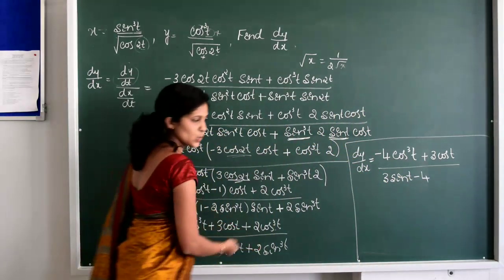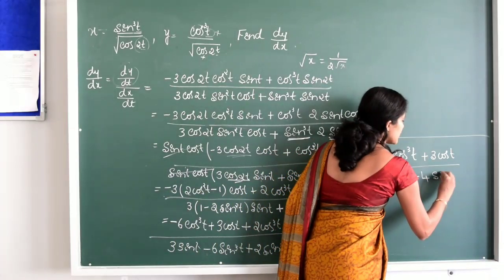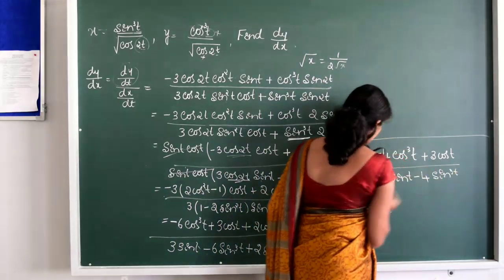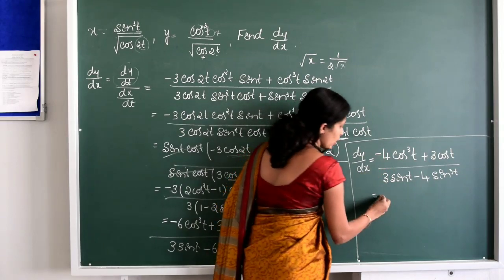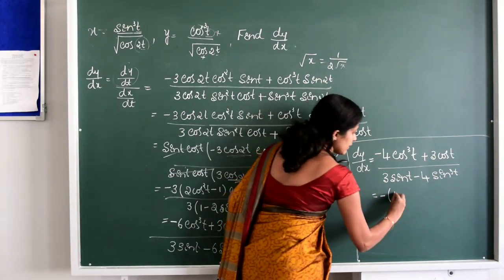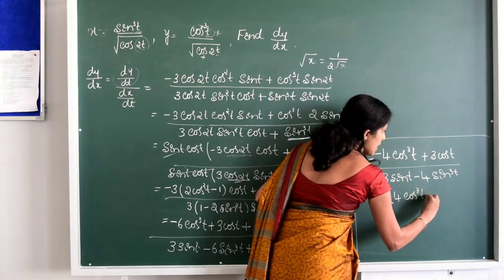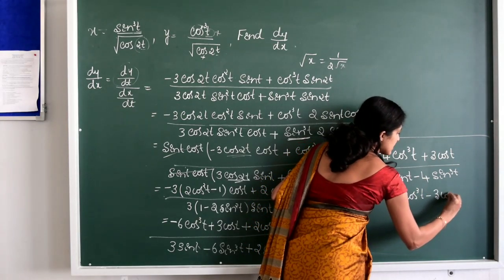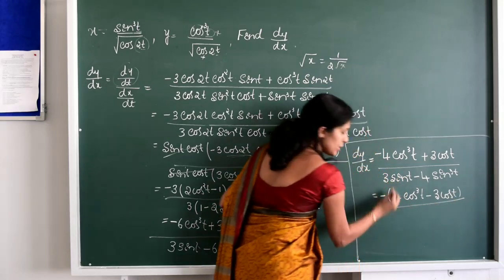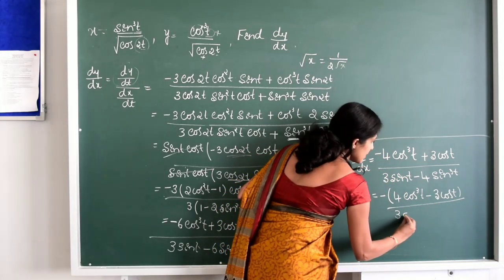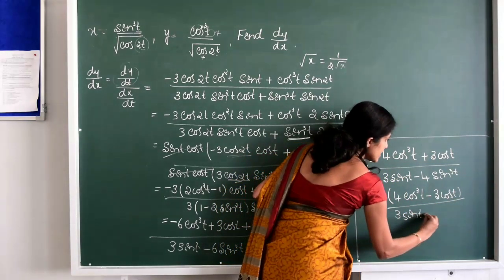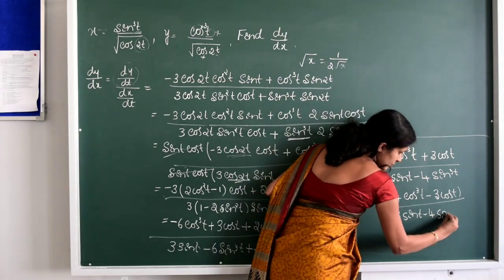Minus 6 plus 2, it will be minus 4 sin cube t. Here this is equal to, we will take negative common. If I take negative common, remaining with 4 cos cube t minus 3 cos t. Is it clear? Divided by, denominator is as it is, that is 3 sin t minus 4 sin cube t.